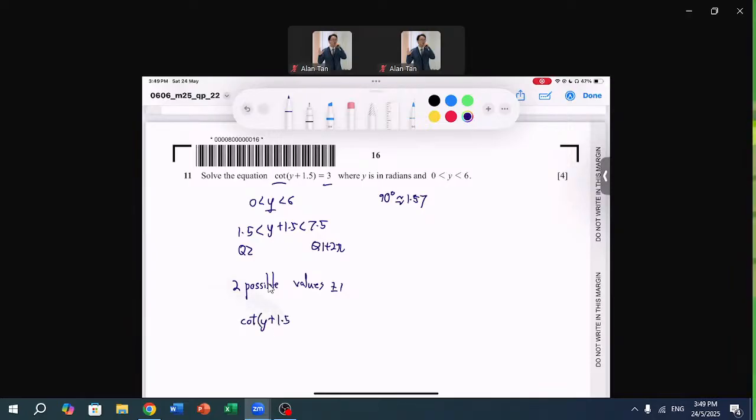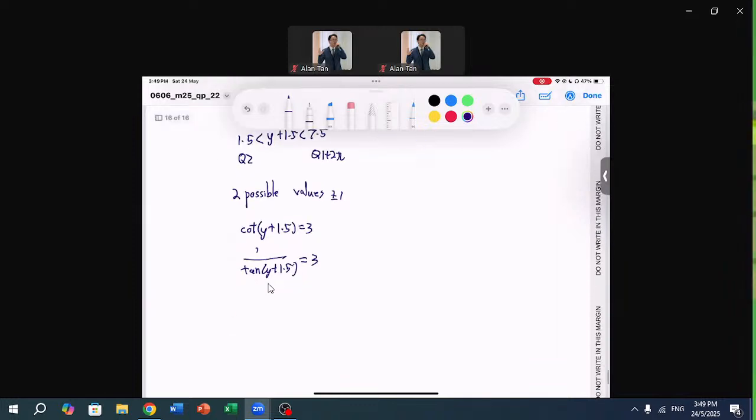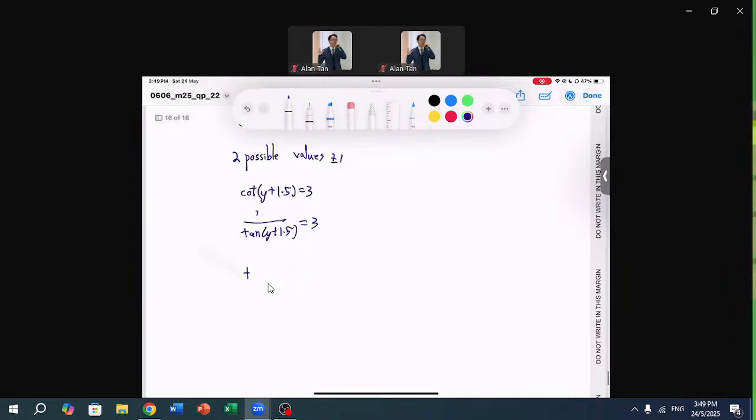Cotangent of y plus 1.5 equals 3. 1 over tangent of y plus 1.5 equals 3. Tangent of y plus 1.5 equals 1 over 3. Acute angle equals tangent inverse of 1 over 3.